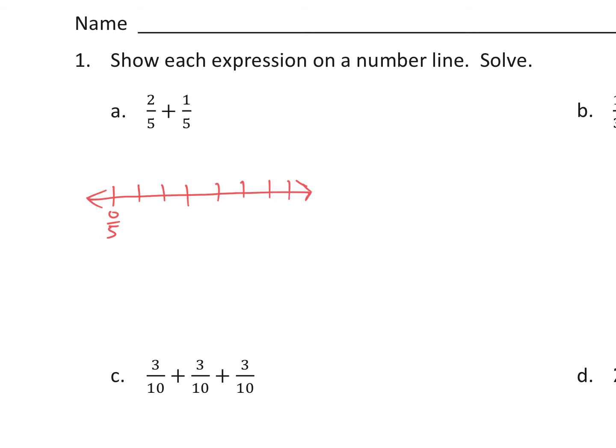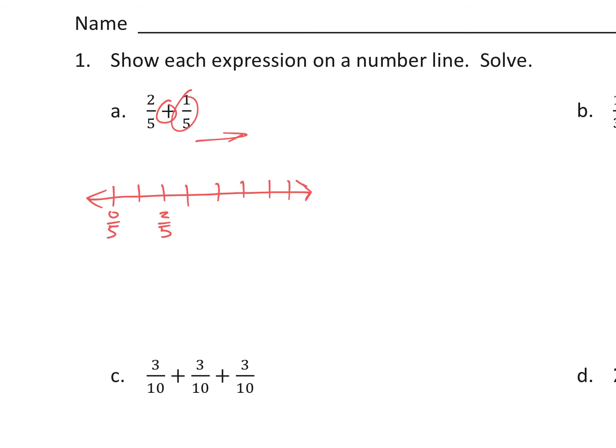So we're starting with 2/5 right here. So this would be 0/5, 1/5, 2/5, right? 2/5 is where I'm starting. Now, I'm going to add 1/5. So adding does what? Which direction does adding on a number line take you? Right, it goes to the right.